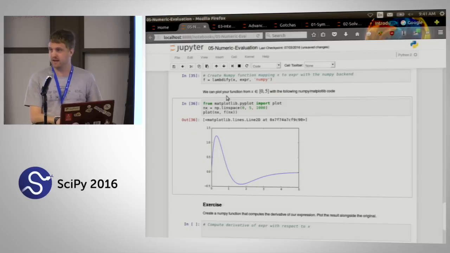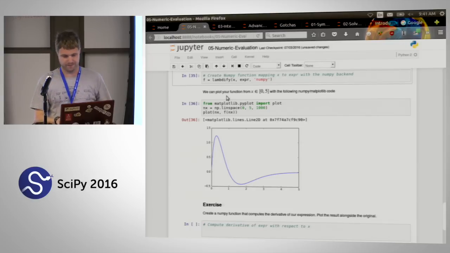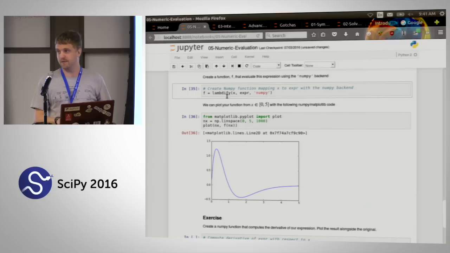One issue that you can have sometimes with NumPy is that if you have a large expression, every time it passes in the array it has to do this unboxing and boxing. So lambdify is not going to be as fast as possible. We'll go over later in code generation, hopefully, some ways that you can make it as fast as possible.